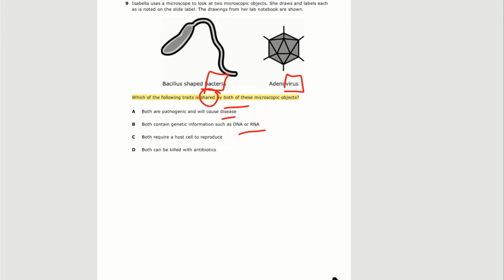Bacteria don't. Remember I told you bacteria make copy, copy, copy, copy? So that's not true. Both can be killed with antibiotics. Well, can be killed is a bacteria because a virus cannot be killed, right?